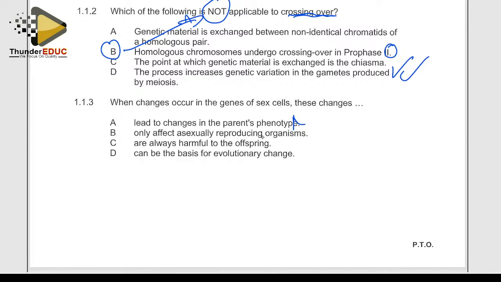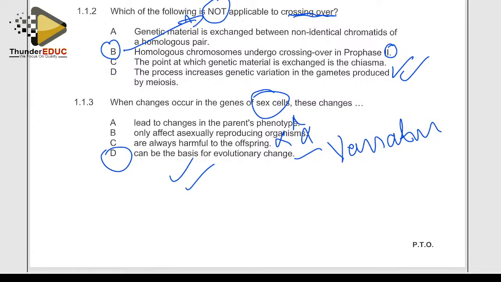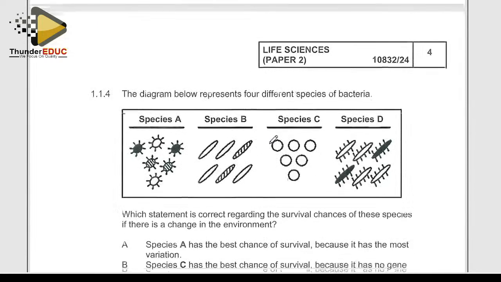Only affect asexually reproducing. No, doesn't affect, because they don't even have sex cells. Always harmful. Not really. Can be a basis for evolutionary change. Why? Because this will lead to variation. So D becomes the most correct answer.